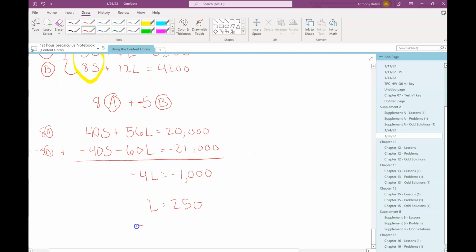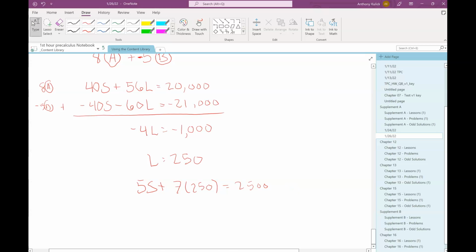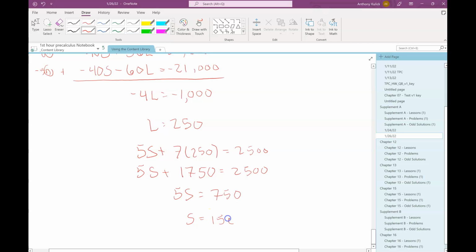So we'll just go ahead and plug that back into either equation. So when I divide both sides by 5, I get S is 150.